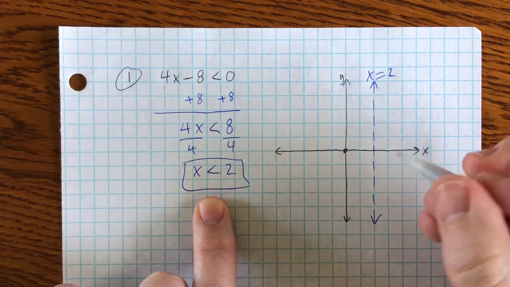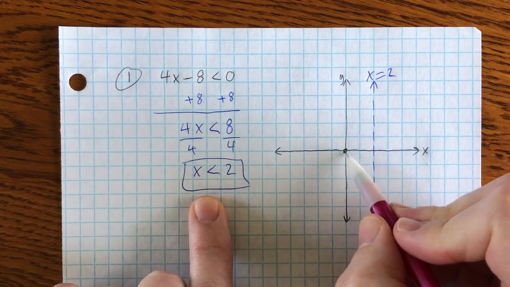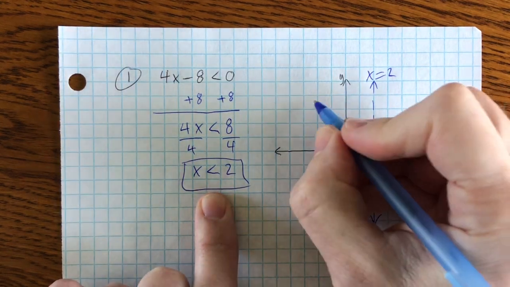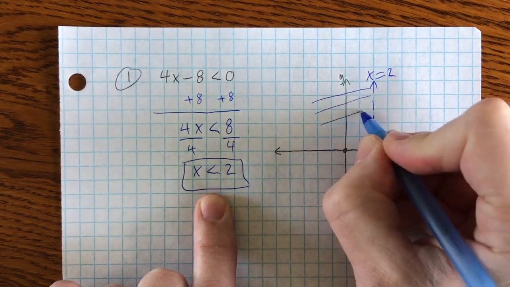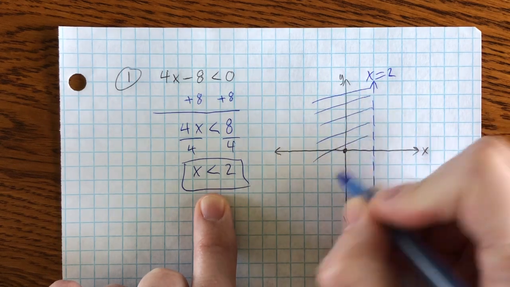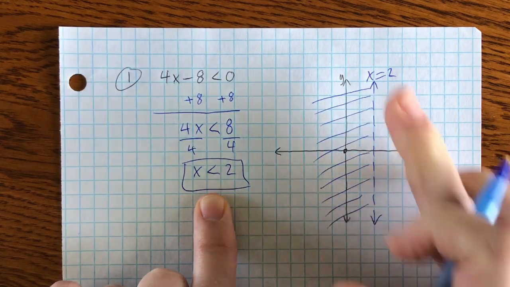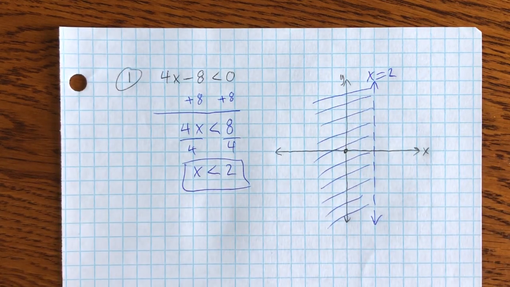That does give you a true statement. If x is 0, it is less than 2. Therefore, you're going to shade everything to the left of this dashed vertical line, and this shaded region is representative of your solution.